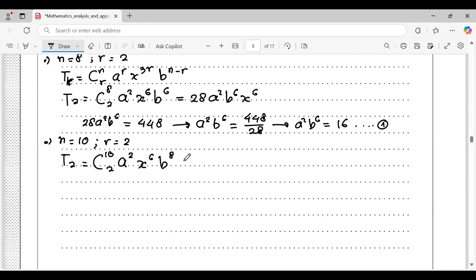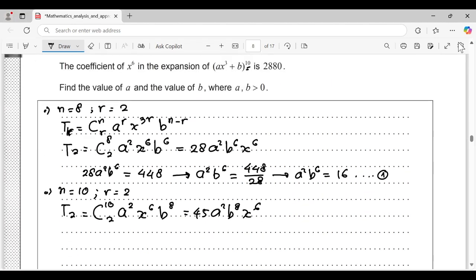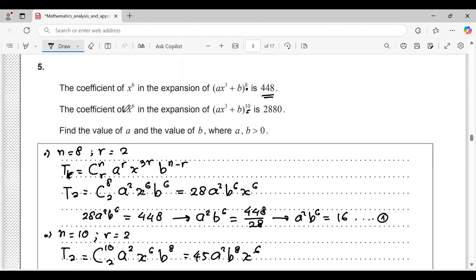And it is 45, because combination 10, 2 is 45, a squared, b power 8, x power 6. Now, according to this information in the question, the coefficient of x power 6 is 2880.